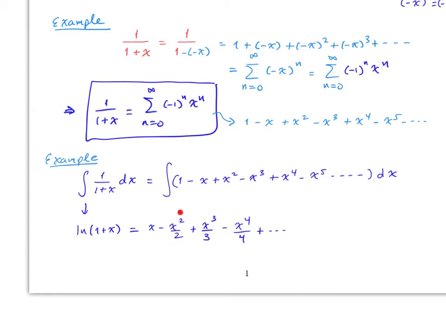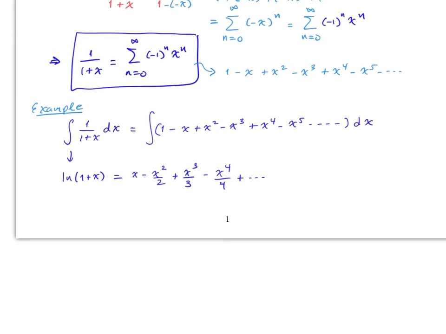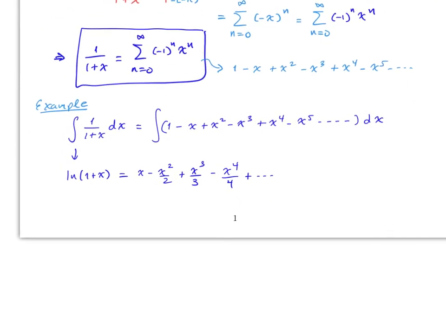Now you have to write this in sigma notation or summation notation. So remember, this has to equal the sum, and you just have to be careful with the starting point. This one starts at 0. In theory, you can also make this one start at 0. You just have to make sure that this actually works. Notice that the first one is positive and then negative.